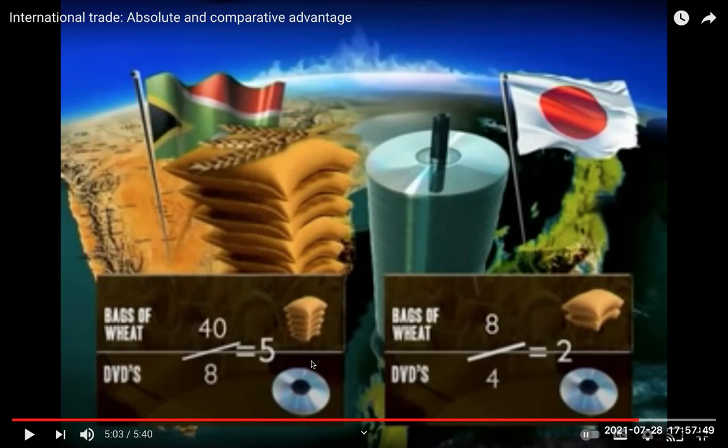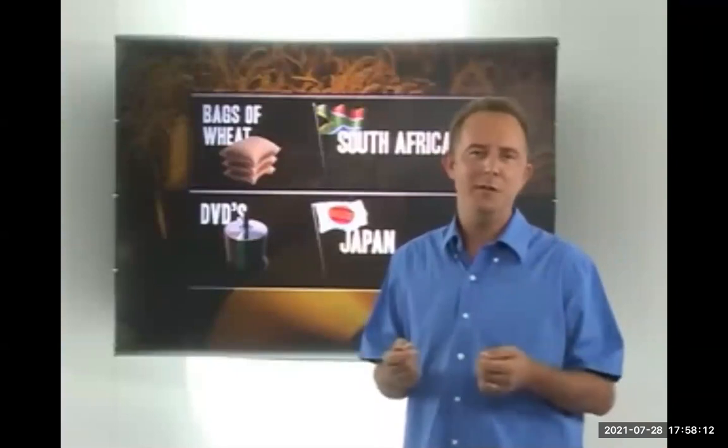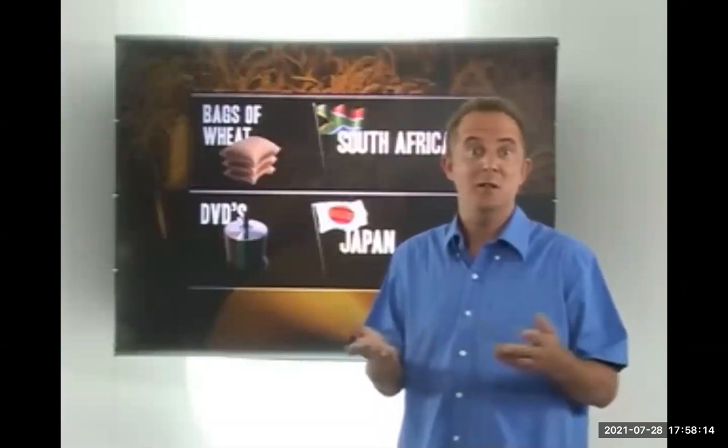So both countries can produce it, but who is better able to produce it in terms of lower cost of production? DVDs cost more in terms of bags of wheat given up in South Africa than they do in Japan. Or in less clumsy language, it's cheaper for Japan to make DVDs, so Japan should make the DVDs.